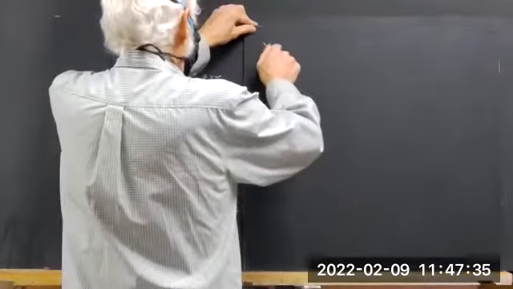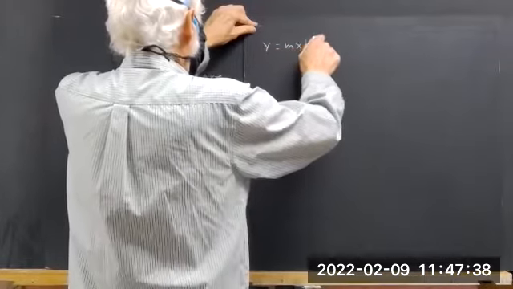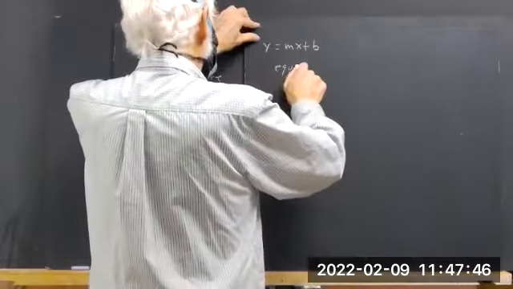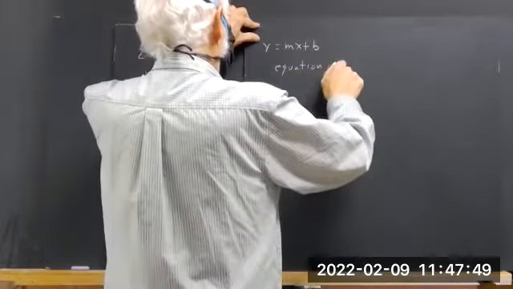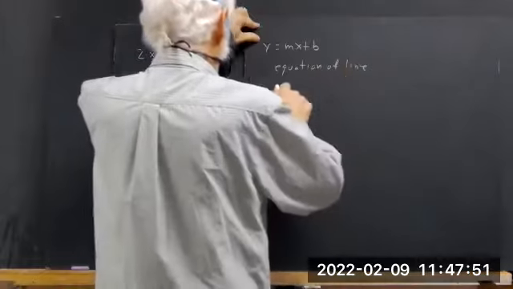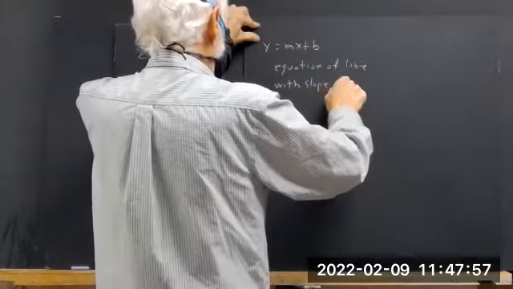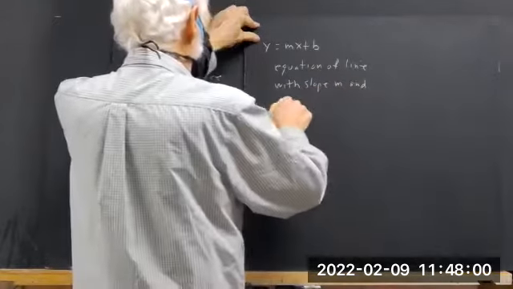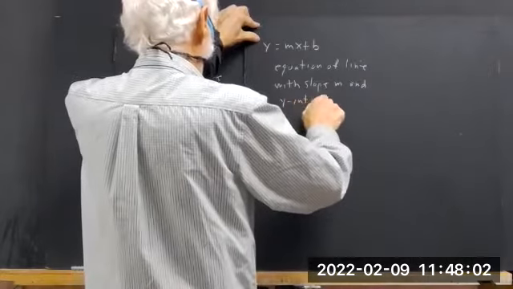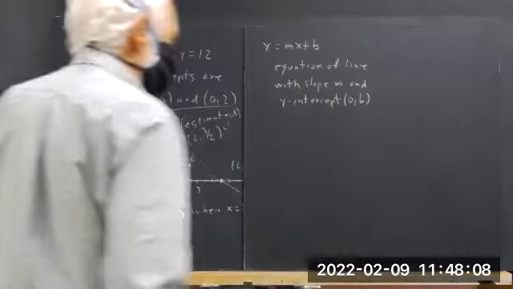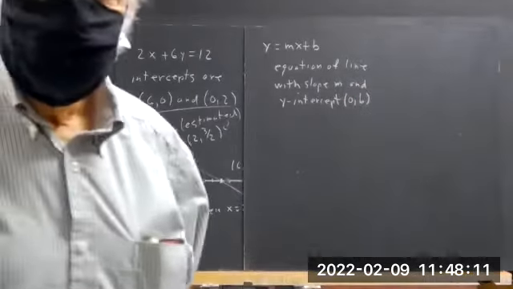Okay, so now y equals mx plus b is the equation, with slope m and y-intercept b.